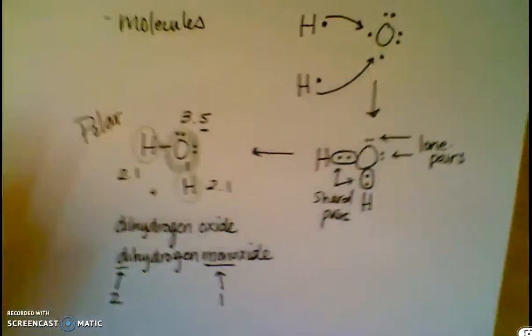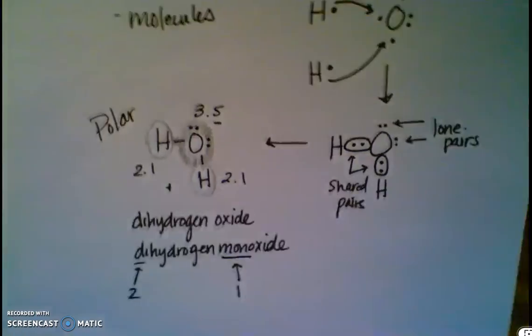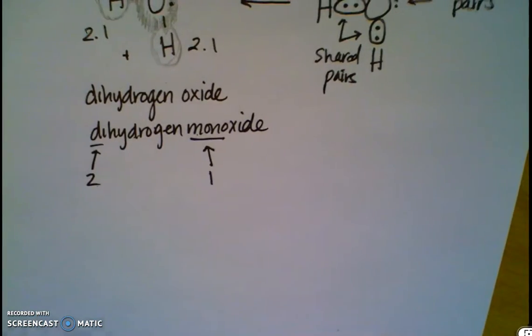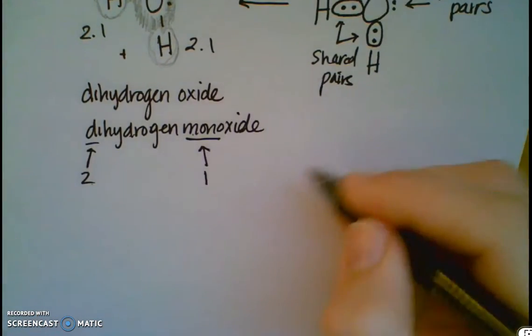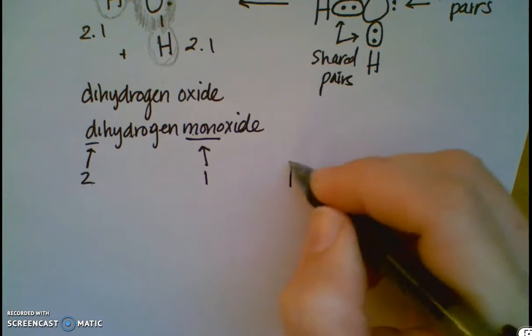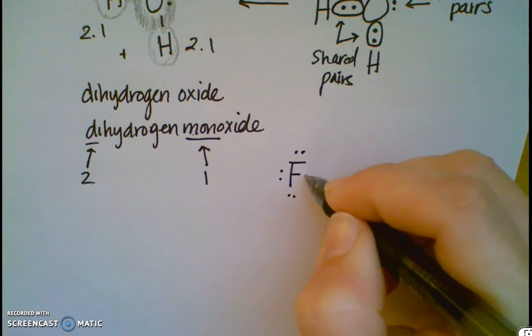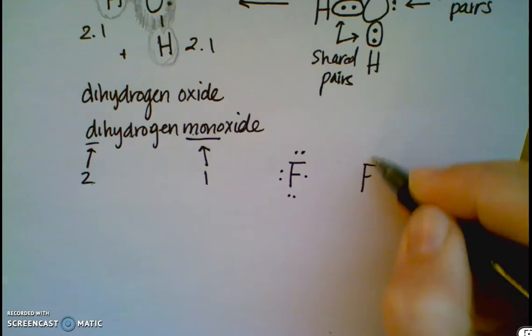So if we moved along on this, and let's say now we want to talk about an atom that is nonpolar. So let's look here at fluorine. So let's say we have fluorine here, and fluorine has 7 valence electrons.